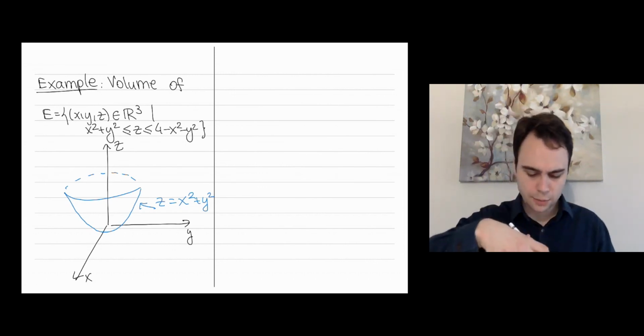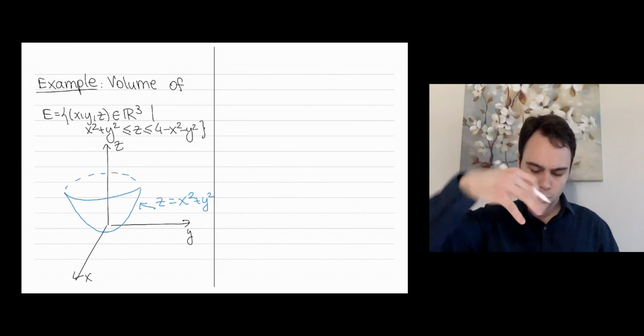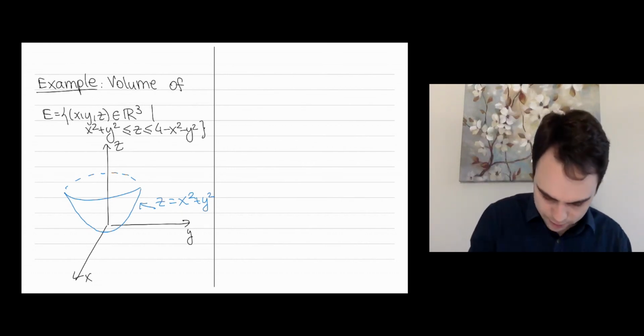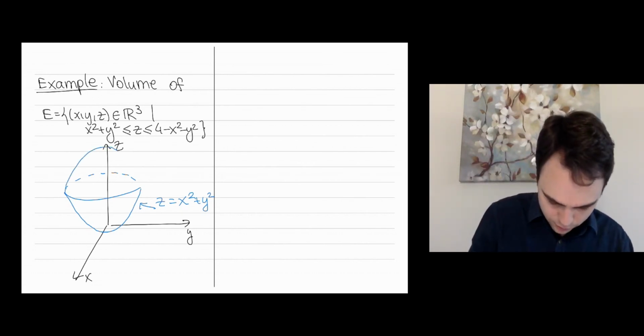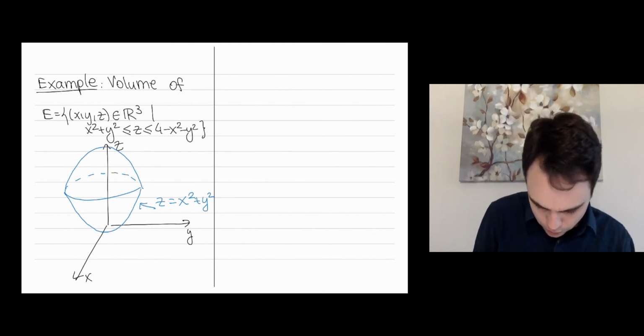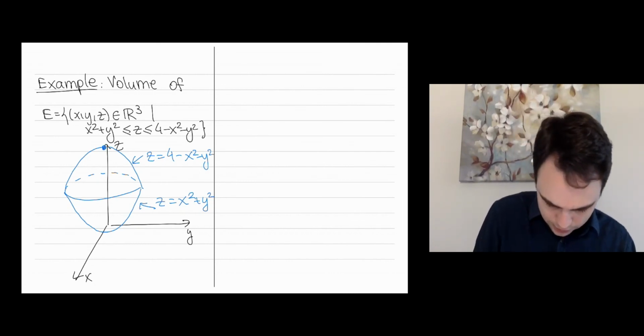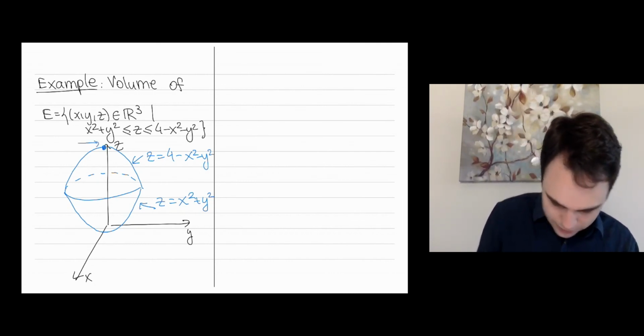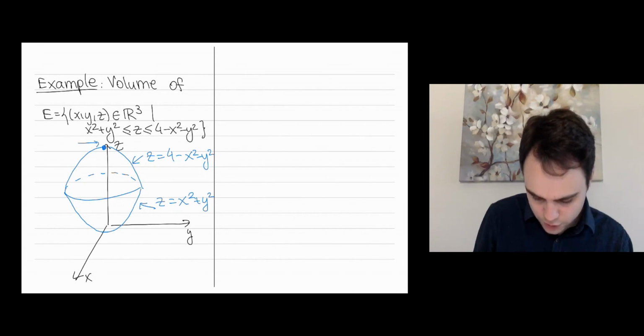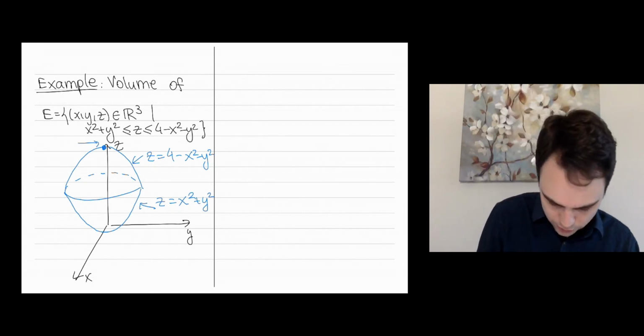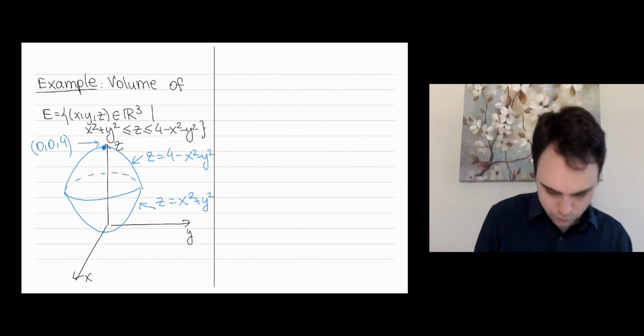So it's an upside down paraboloid lifted so that the top has z equal to 4. Up here, z equals 4 minus x squared minus y squared. At the top, if x and y are 0, z is equal to 4. So this top point is (0, 0, 4).